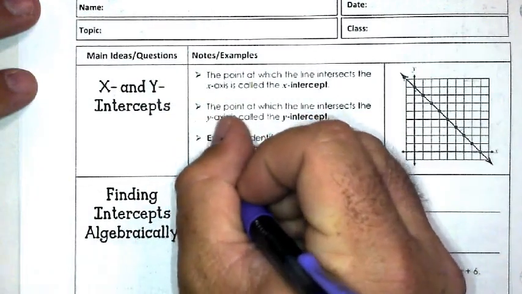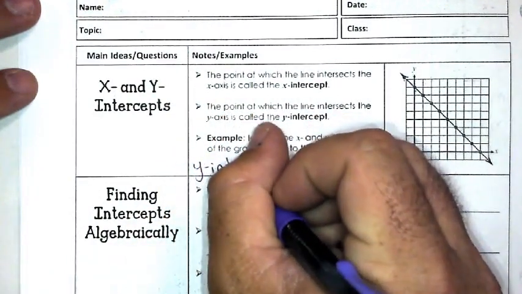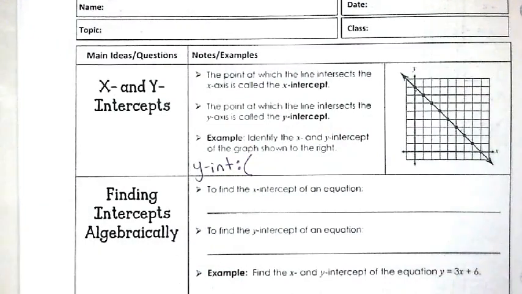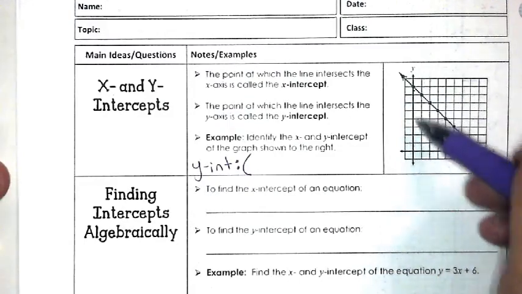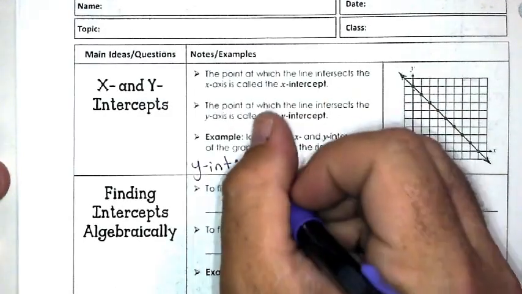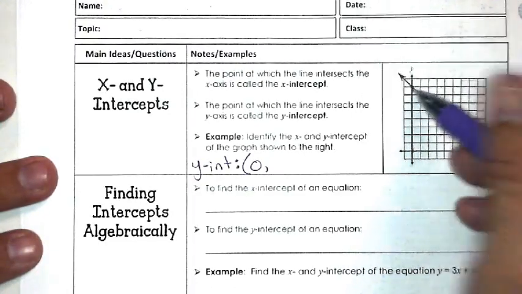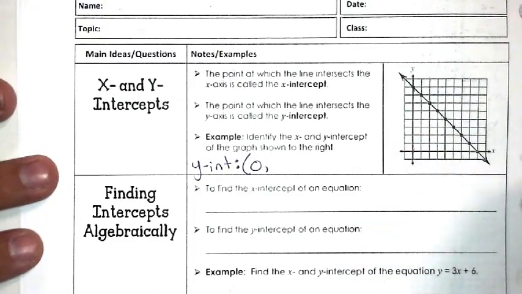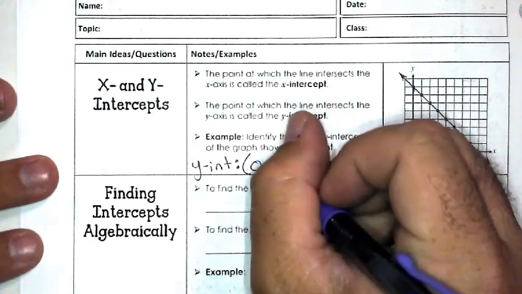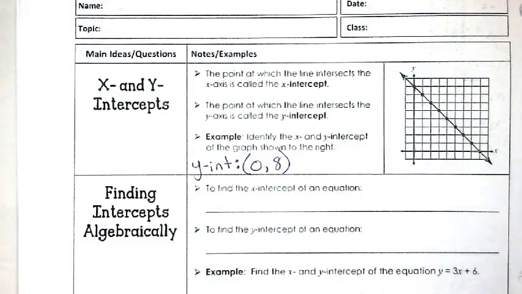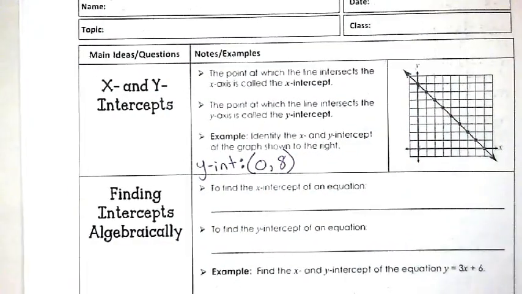So the y-intercept, which will be written as an ordered pair, is at x equals 0, comma, now how high do we cross the y-axis? 8. So the y-intercept is at the ordered pair 0, comma 8, or y equals 8.